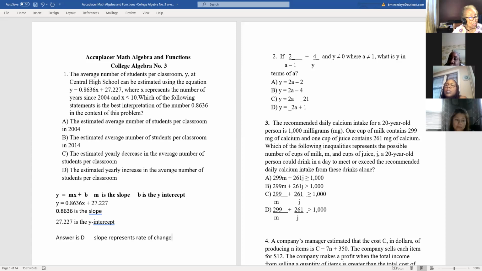So the change is the 0.8636 that represents, in other words, the estimated yearly increase in the average number of students. Okay, that's the yearly increase, where the X is years since 2004, and it's less than or equal to 10.